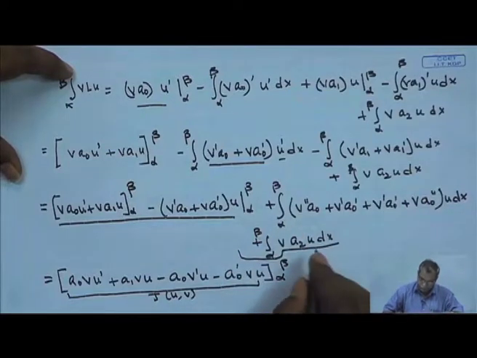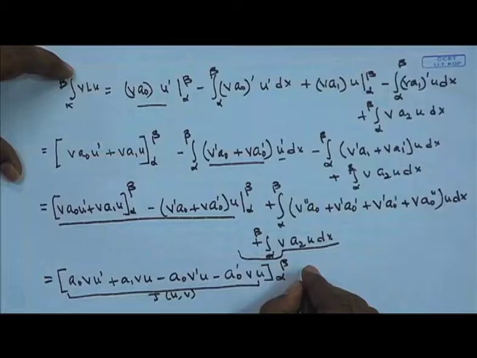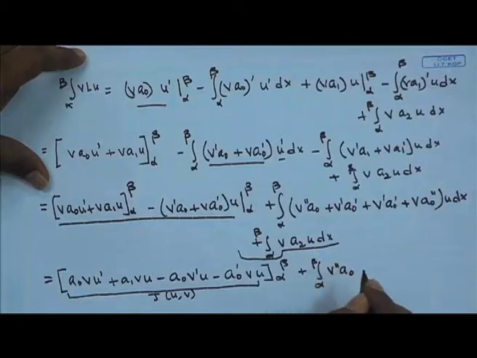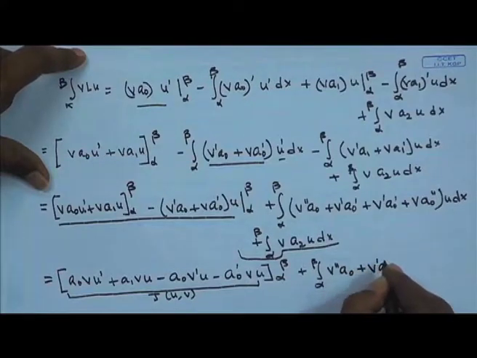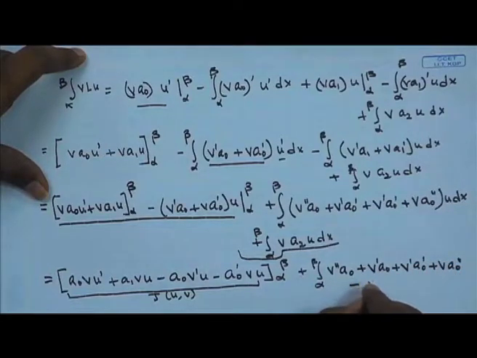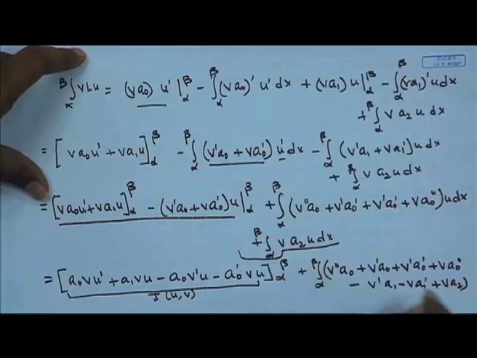and then we collect the term. So this becomes plus integral alpha to beta v double prime a0 plus v prime a0 plus v prime a0 prime plus v a0 double prime minus v prime a1 minus v a1 prime plus v a2 u dx.